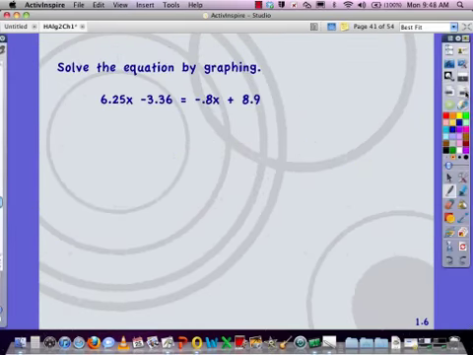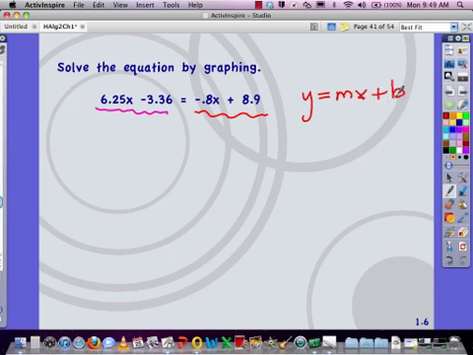If we were going to solve the equation by graphing, what you'll want to notice is that you have a left-hand side and a right-hand side in this problem that really do nicely set up to your y equals mx plus b equation.